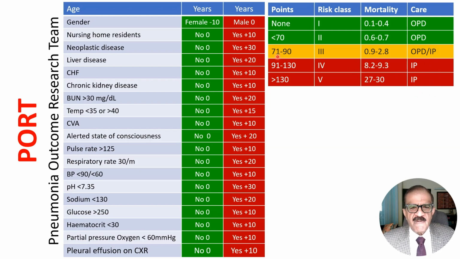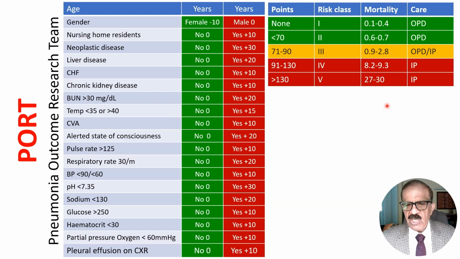Now this group 70 to 90, they could be treated as OPD or as inpatient, and one intermediate approach is that these patients can be treated with injectable antibiotics but at home, because nurses may be available at home. This will save hospital resources.